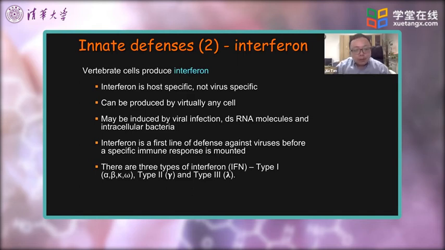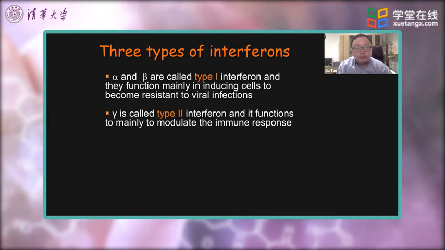Currently, there are 3 types of interferons known, which can be classified into type 1, type 2, and type 3. The type 1 interferons contain the so-called alpha and beta interferon. They are the main functioners in inducing cells to become resistant to virus infection.